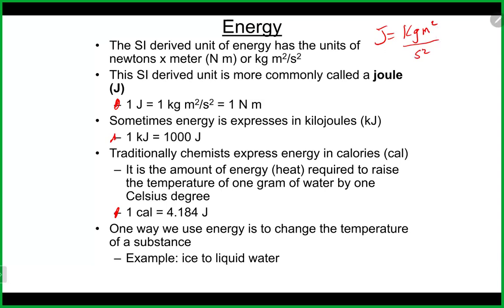A joule is equal to 1 kilogram times meter squared divided by second squared. That relationship sometimes comes up, but definitely a joule, Newton meters, which is what the big N and M stand for there. Newton meters is not used very much anymore in chemistry. 1 N times M is Newton meters.